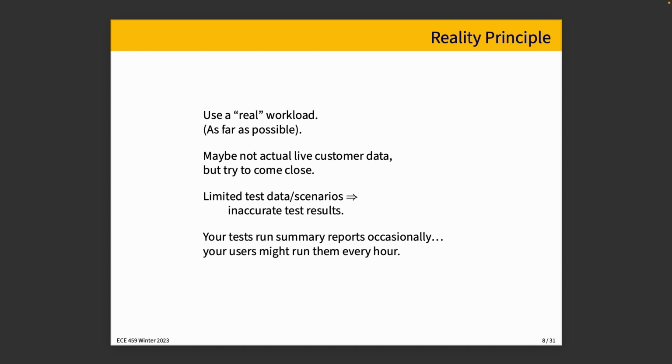Similarly, user behavior is very hard to simulate. If you're making threads that pretend to be users with the goal of simulating concurrent usage of the system, the scripts that those threads are executing may not actually represent the way users really behave. Right? Your test scenario might imagine that the manager wants to run the report at the end of the month so they can do the month closing procedure, but actual users might run it every single hour.